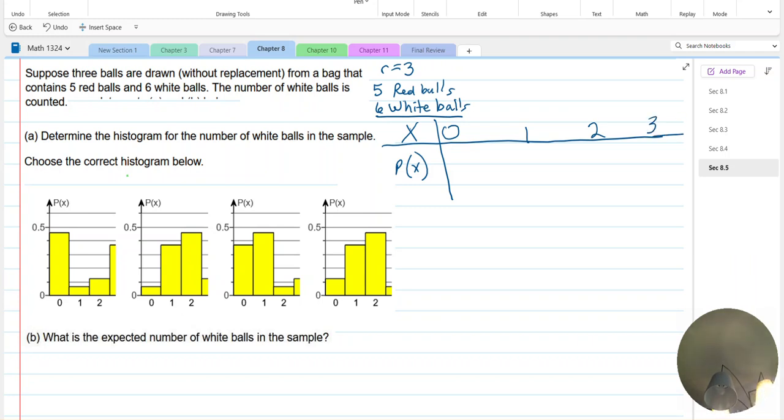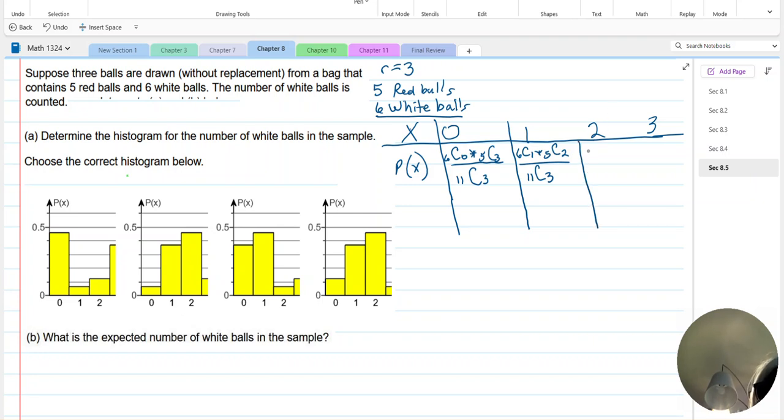All right. So in this case, we have 6 choose 0 times 5 choose 3 over, and the total is 11 choose 3. That's our first one. Our second one is 6 choose 1 times 5 choose 2 over 11 choose 3.